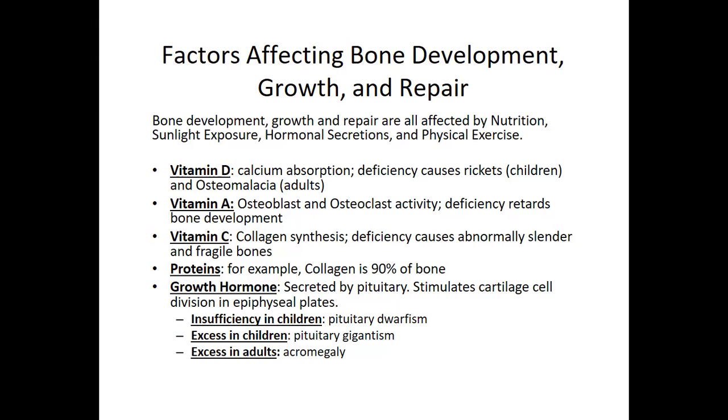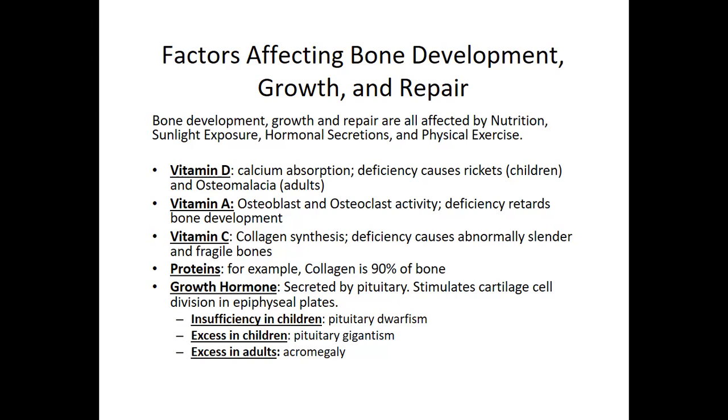Now, if this excess production of growth hormone occurs in an adult, say as children they grew just fine, their growth plates closed when they were supposed to close, they're no longer growing taller, they're going about their business, and they develop a tumor, for example in the pituitary, a tumor of specifically the cells that produce growth hormone.